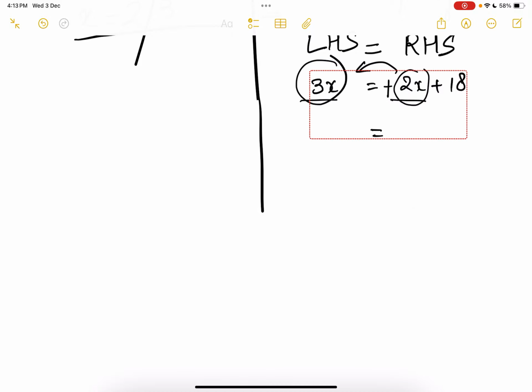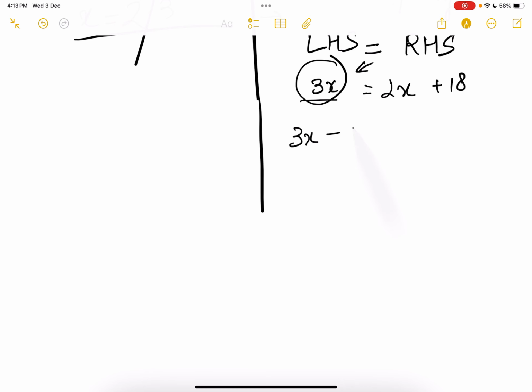If nothing is there, we consider it as plus. On the other side of equality, it will become minus. So 3x minus 2x, the sign was plus, it became minus. 18, we'll write as it is.